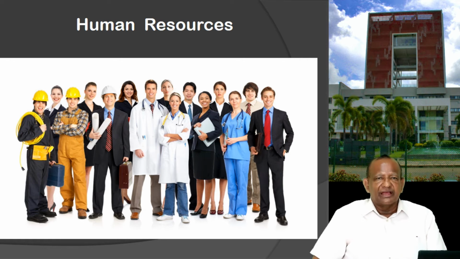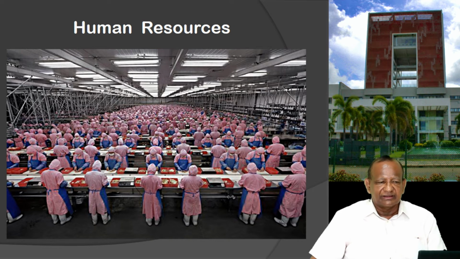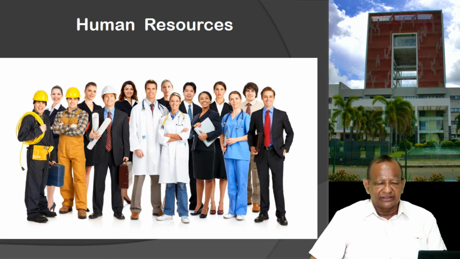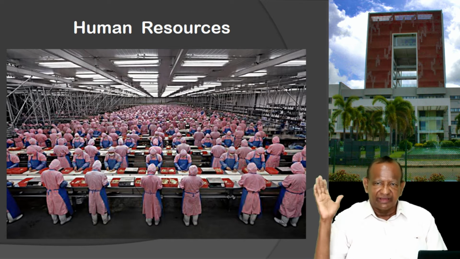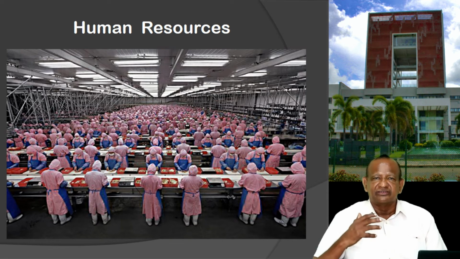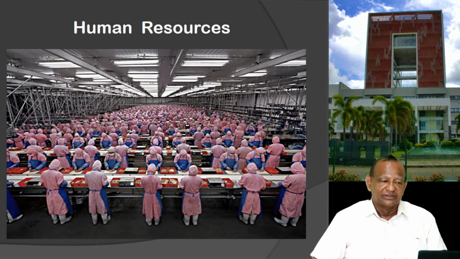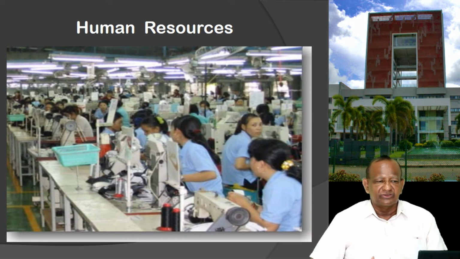The next few slides are like photographs of human resources. The first slide shows you the variety. The second slide shows you the quantity, a large number. This is a factory where there are countless people. You can see in the factory setup, human resources play a huge role.